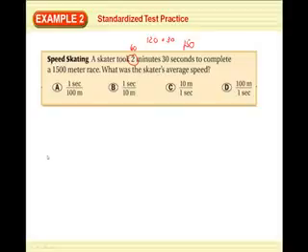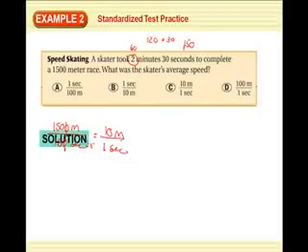Speed is usually distance over time, so 1,500 meters in 150 seconds. Take that 0 off, that 0 off. 15, get this to be a 1. Divide by 15, so 10 meters per second. Wow, that's 10 of those meter sticks per second. So I say it's C.